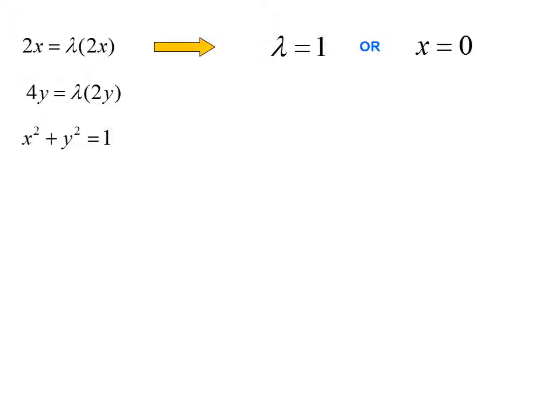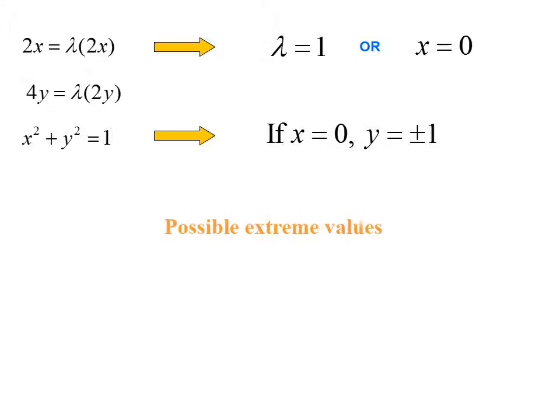So lambda equals 1 and x equals 0 would be solutions to the first equation. Now if we take the last equation and use the x equals 0 that we found from the first one, we would get 0 plus y squared equals 1, which gives y squared equals 1, which would have the two solutions, y equals 1 and negative 1.